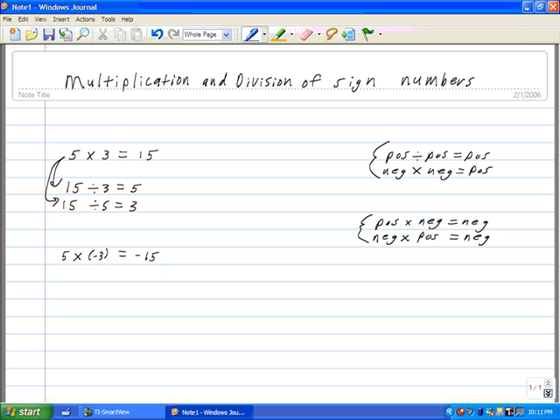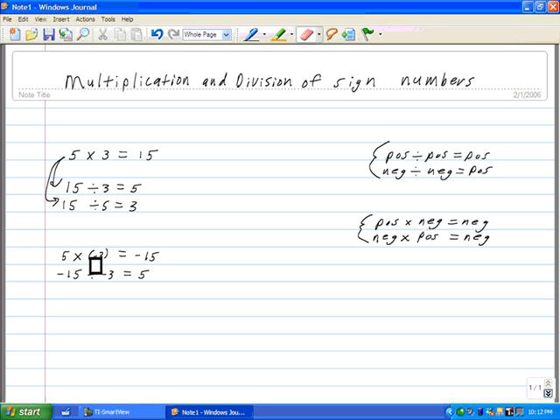Well, this one too can be rewritten two ways. It can be written as negative 15 divided by negative 3. That gives us positive 5 as a result. So here's another rule for us that's been adapted to work with division, and that is a negative divided by a negative is also a positive.